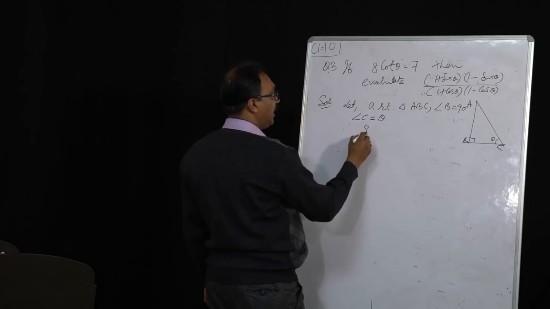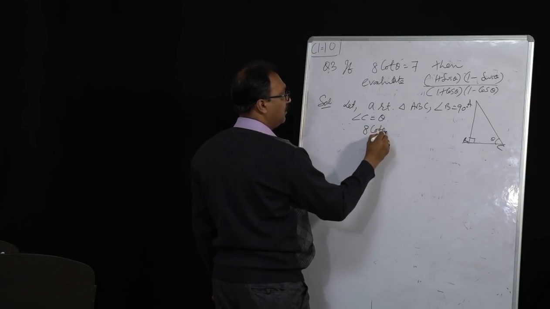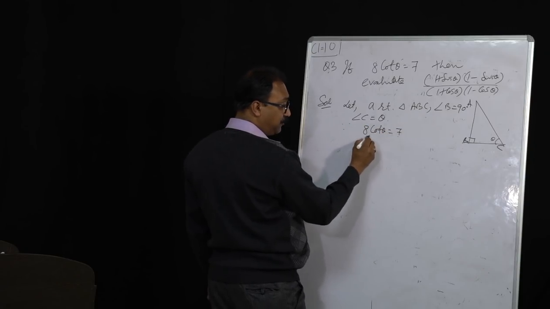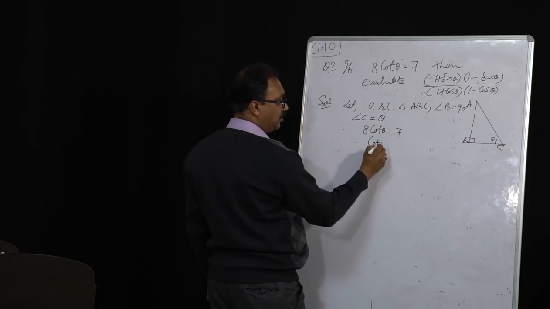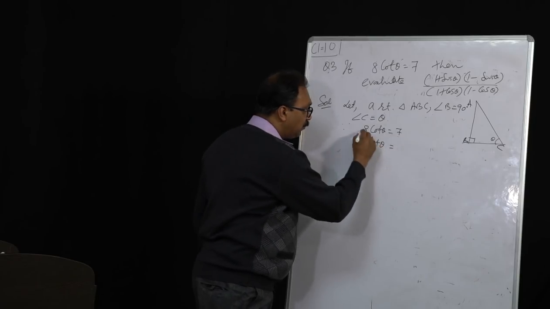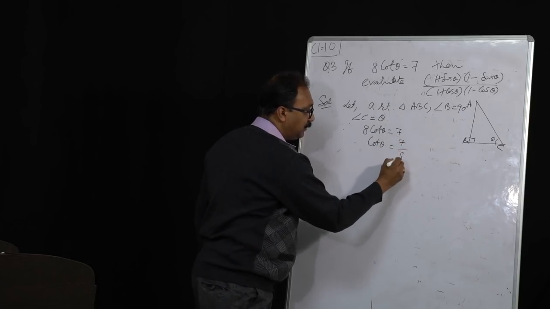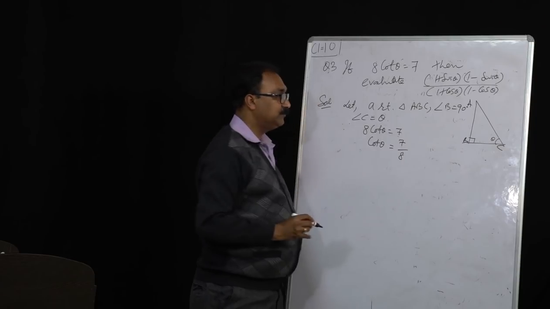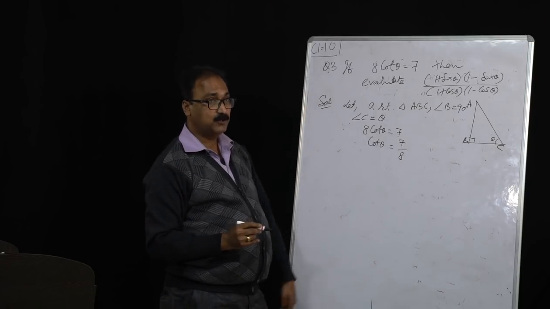Since they have given 8 cot theta equal to 7, we have to find the cot theta ratio, not only the number. So cot theta is equal to 7 by 8. You divide by this 8. So we got the ratio, like last time we showed you, no?